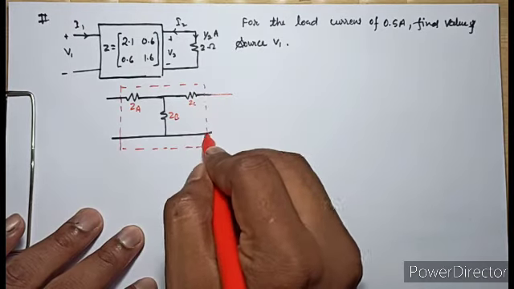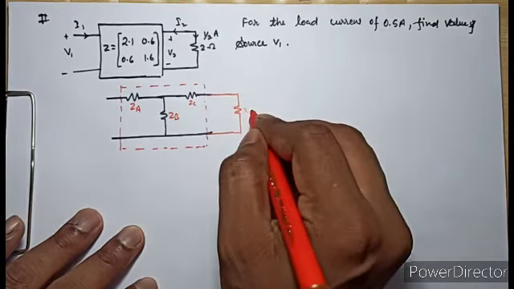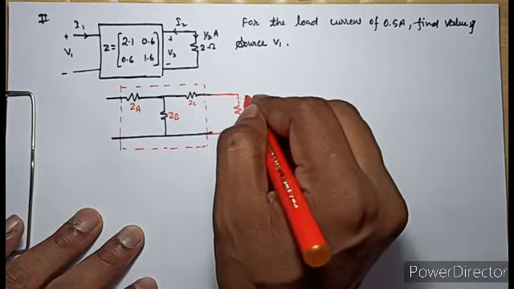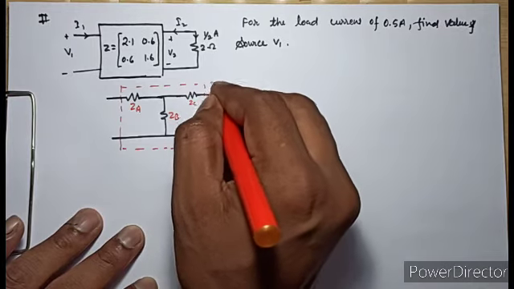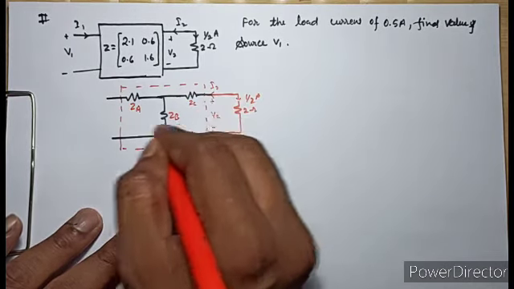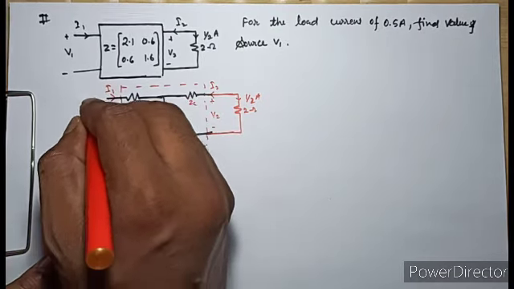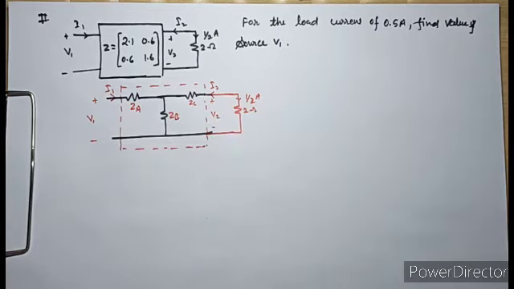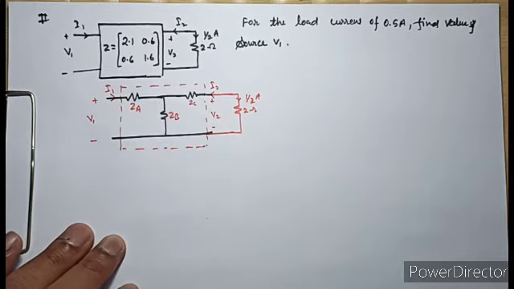And this is our 2 ohm, this is half ampere, this is our I2, this is our V2, this is I1, this is V1. So our task is to find ZA, ZB, ZC using this, right?